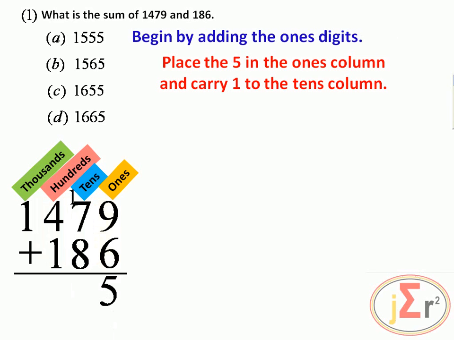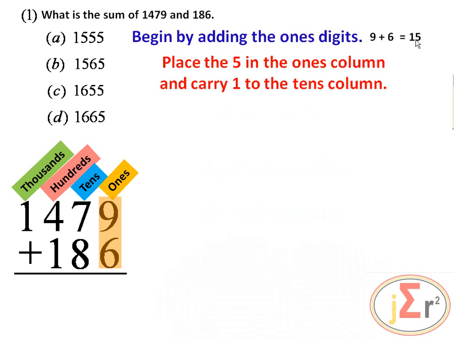What do we add next? The 8 and the 7 plus the 1. Okay, so we need to also include the 1 that was carried from the ones position.